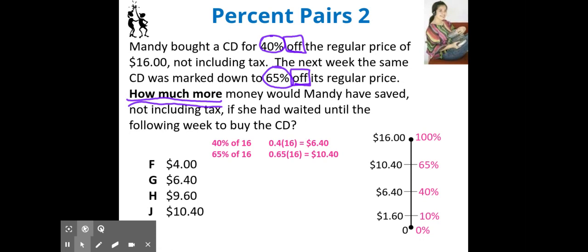How much more would she have saved? Think about what they're asking you to do with both of these values. How much more says, now I need to, that's correct, subtract those two values. Subtract the two, how much more would she have saved? $4 more. So congrats if you had the right answer from the start, F, $4.